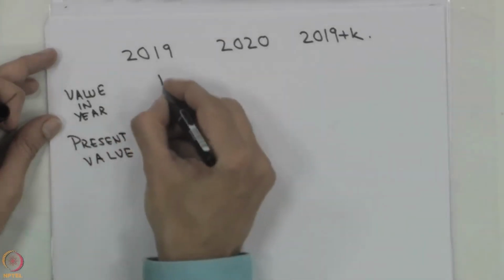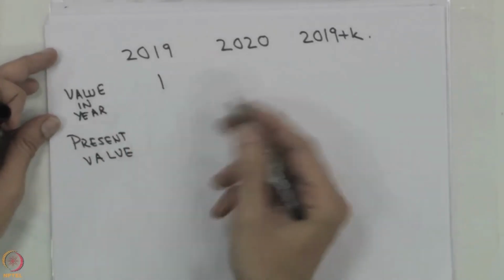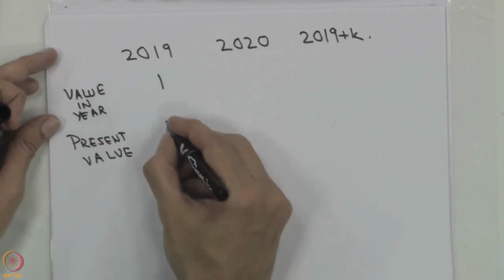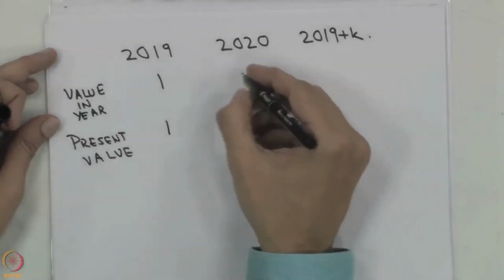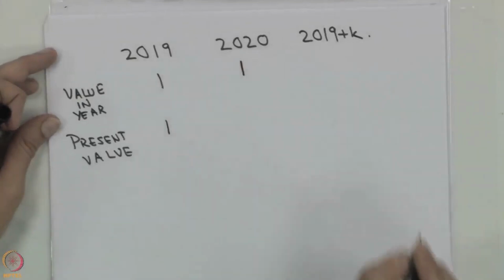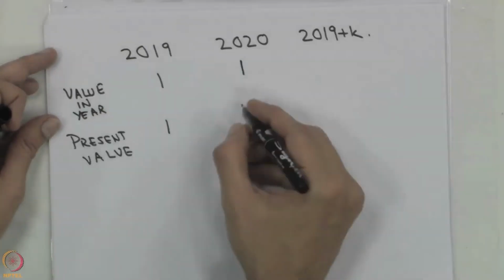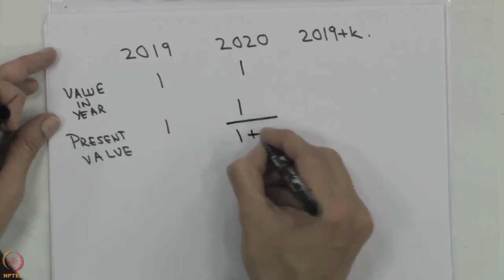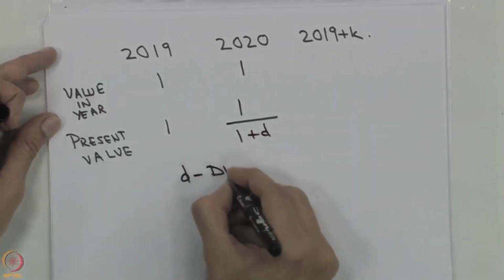So, if we have 1 unit, 1 rupee, 1000 rupees, 1 lakh, in 2019, that is the same unit in 2019. If we talk about 1 unit, 1 rupee in 2020, that has less value for us today. So, that would be reduced by a factor which is 1 by 1 plus d, where d is the discount rate.